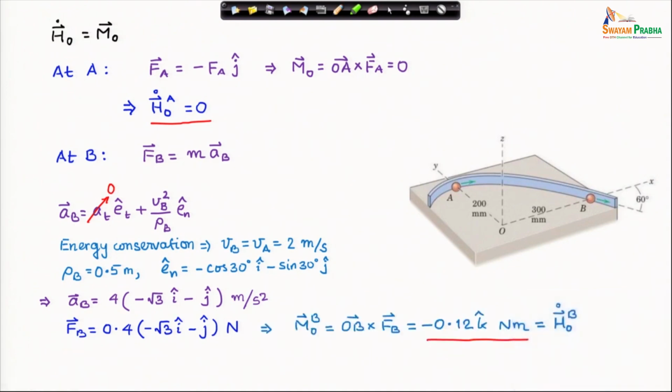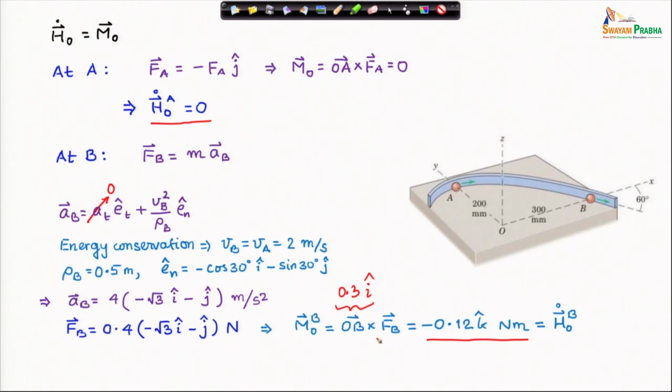And from here I can calculate the moment of this force about O, which is OB, this is the arm, cross the force at B. If you do that cross product, OB is 0.3 i cap.